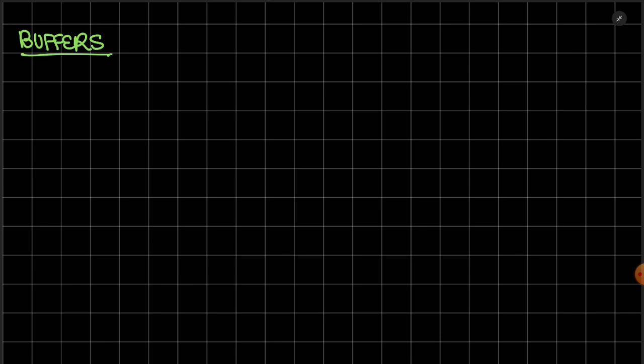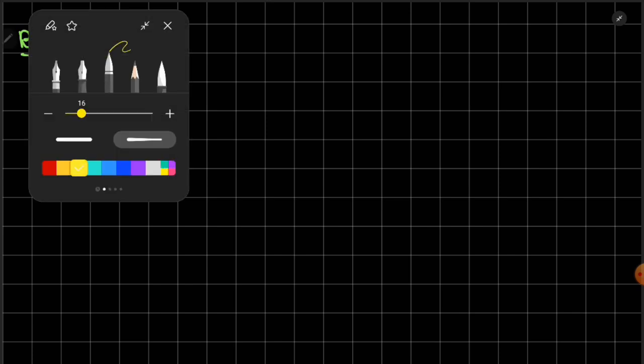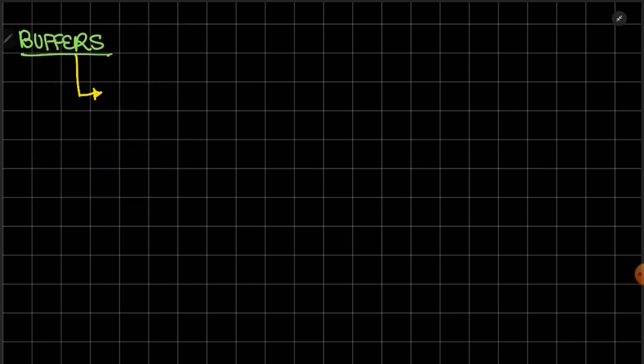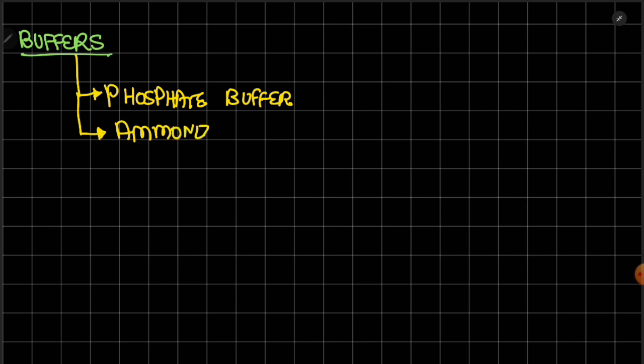So we basically have buffers. The names of the buffers: a phosphate buffer is present, and an ammonia buffer, and again an ammonia buffer.